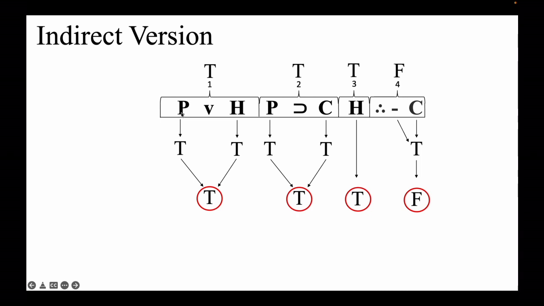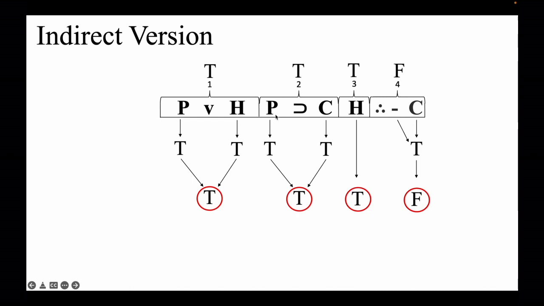Now, what about the disjunction? The disjunction would still be true, even if P is false. Because remember that, as I said earlier, the only combination that renders a disjunction false is if both disjuncts are false.